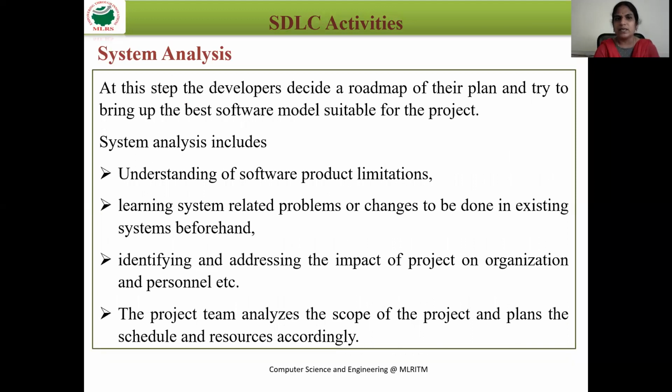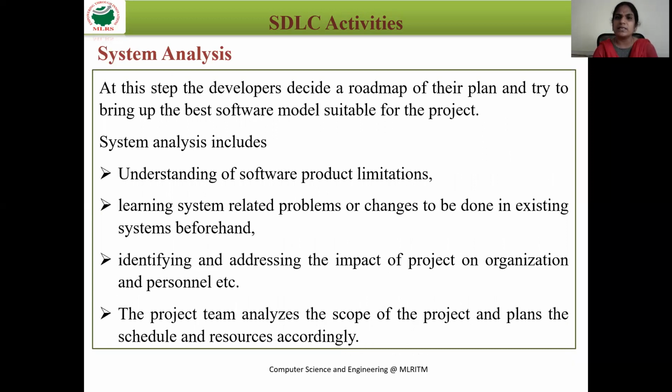And system analysis. At this step, the developers make a roadmap of their plan. Whatever information they have gathered, after checking whether it is useful or not, they will create a roadmap of their plan and try to bring up the best model suitable for the project.